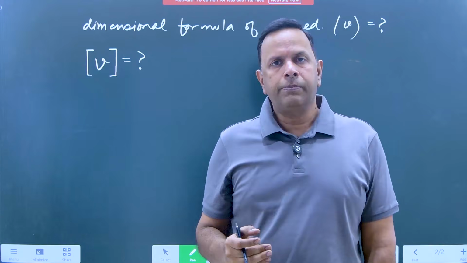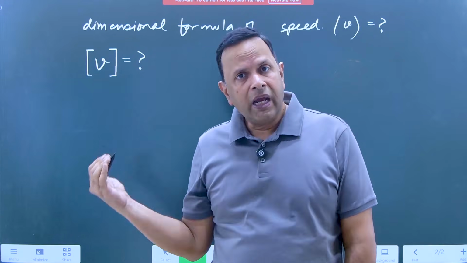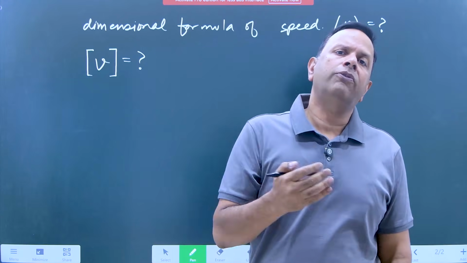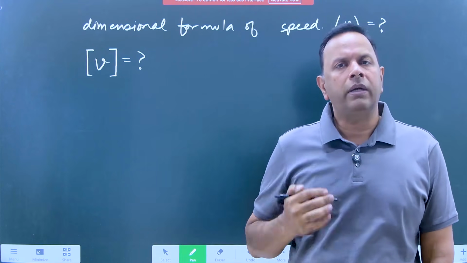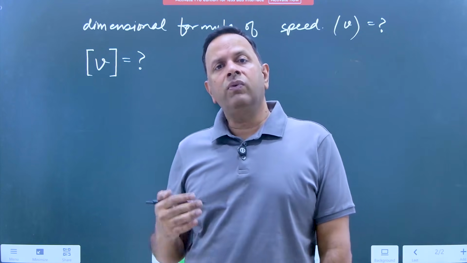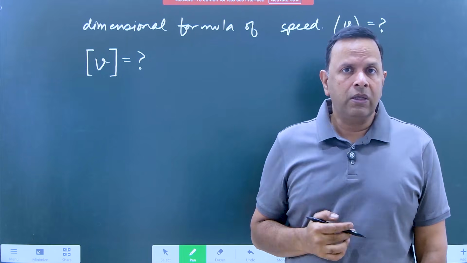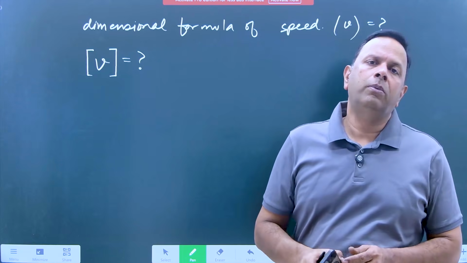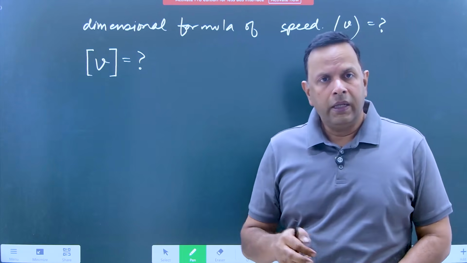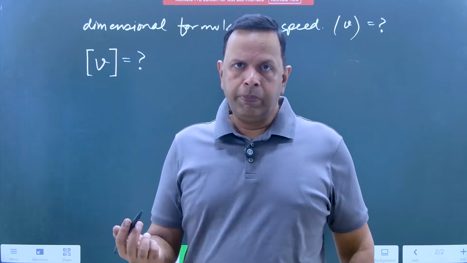When you have to write the dimensional formula, you have to express every derived quantity in terms of the fundamental quantities. So here you will need the formulas for those quantities. If I'm asking you the dimensional formula of speed, then you must remember the formula for speed.